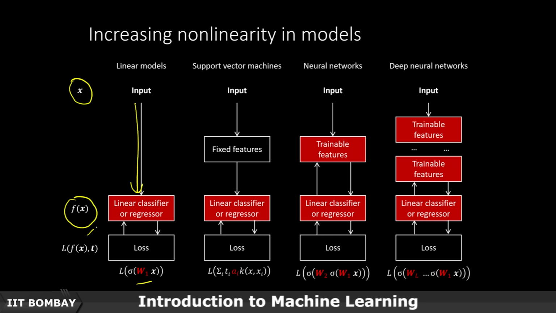Once we get that output, we compare it with the desired values t, or t_i, inside a loss function.